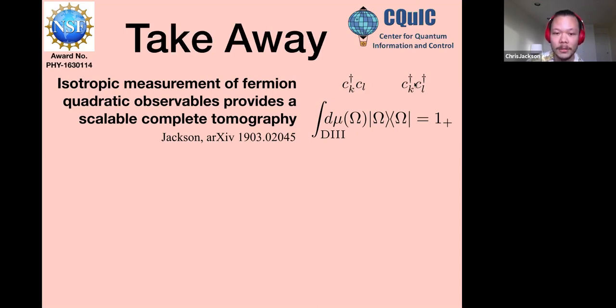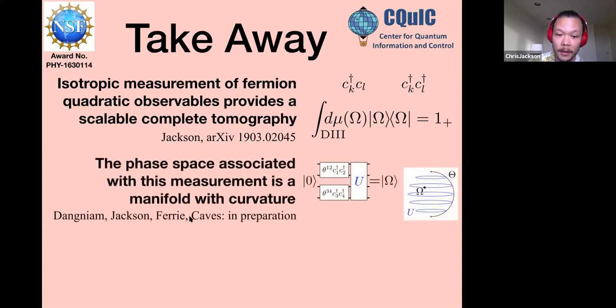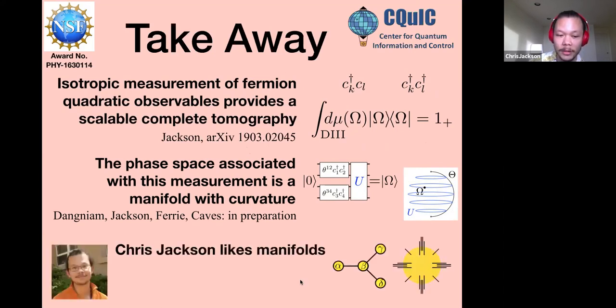You can't find anything about fermions particularly in this paper, but you can find the generalization abstractly in this paper. And the outcomes of this measurement are particular manifolds that can be understood. And I just really like manifolds. So with that, I'd like to thank you for your attention.